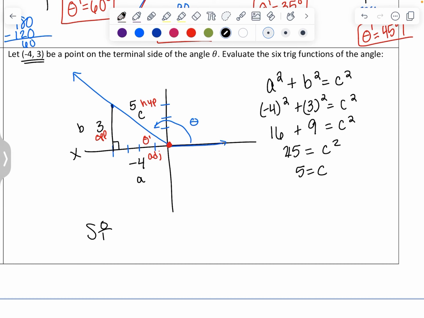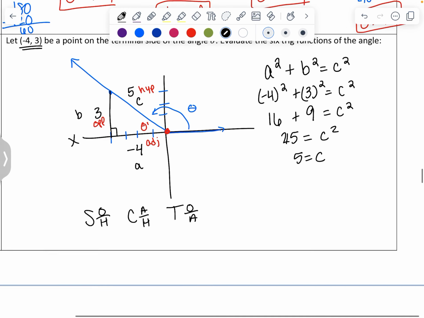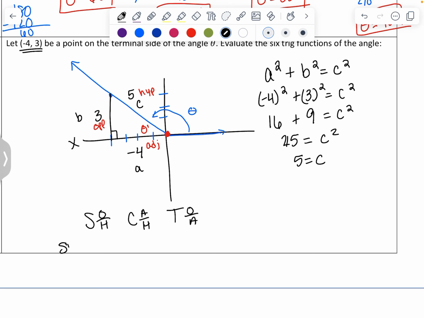So if I look at SOHCAHTOA, I can use these to find those ratios. So sine of my angle would be opposite over hypotenuse. And then cosecant CSC of the angle is the reciprocal of sine.